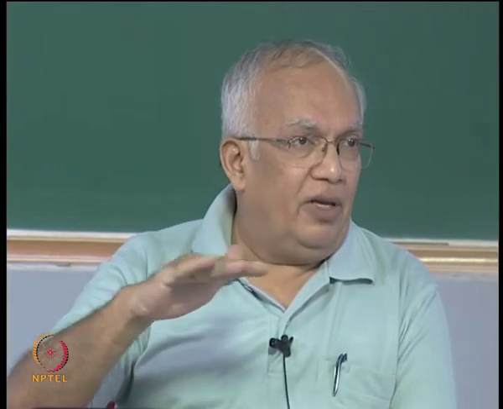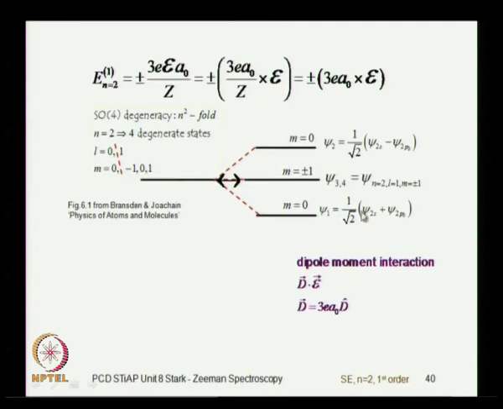When it is orthogonal to the field, you do not have any energy difference. So, this energy correction is effectively equivalent to the energy of a dipole moment interacting with the applied electric field through the interaction d dot E, which is the classical expression for the interaction of an electric dipole with an electric field.